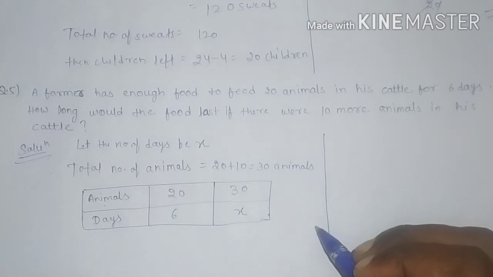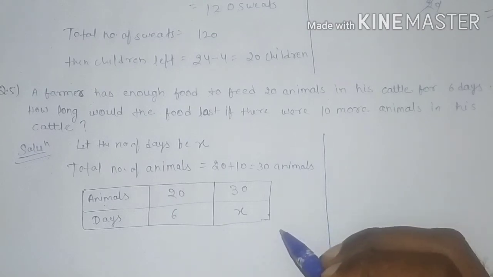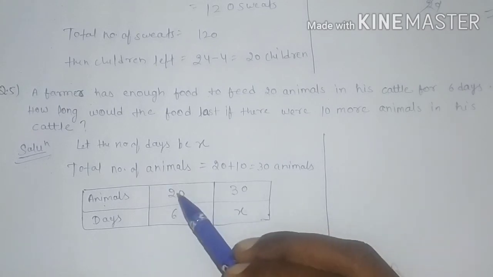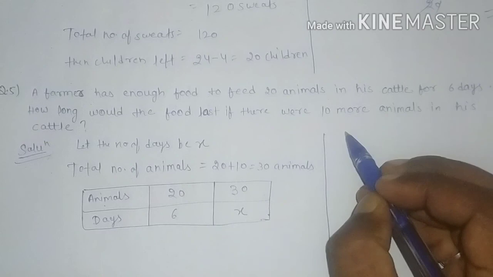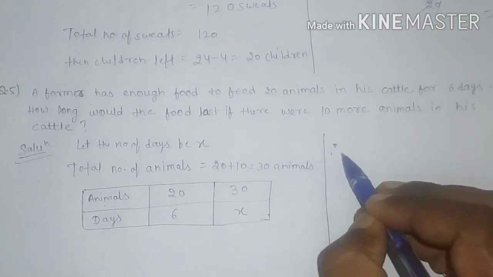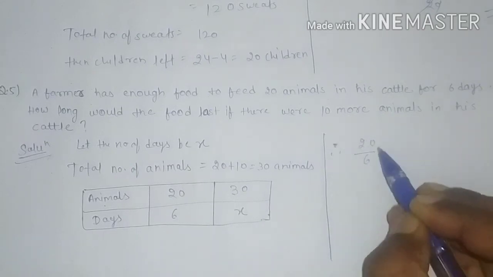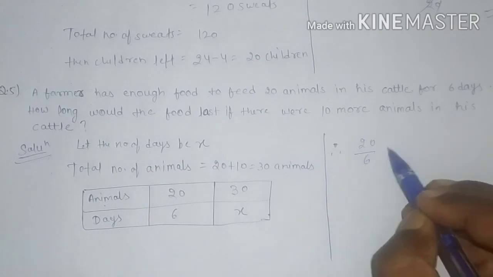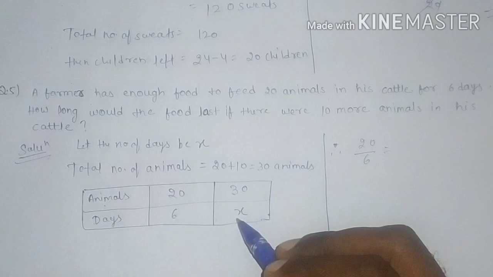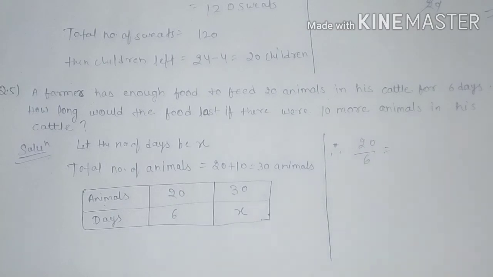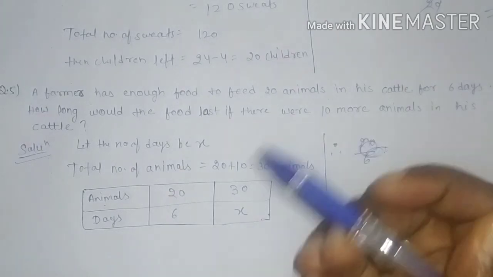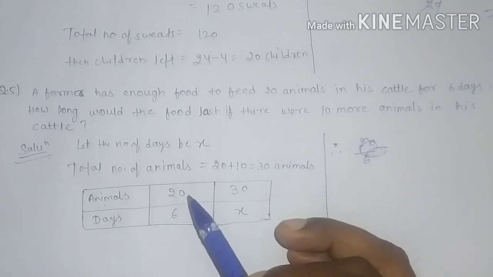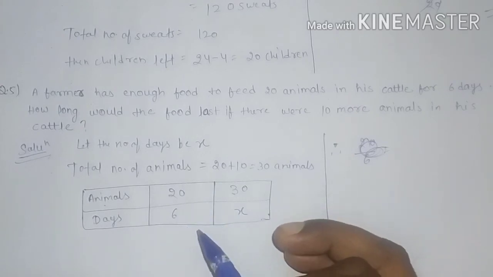So we know that 20 divided by 6 according to the question, 20 by 6, this equals to x upon 30, and we know that in inverse relationship the product will be equal or constant.